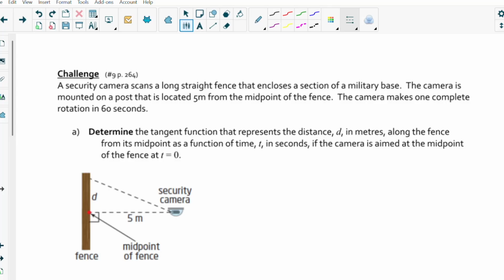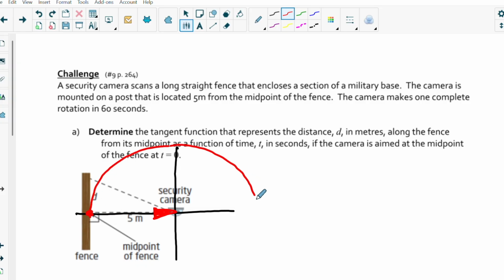All right, so let's just sketch this out. If I'm looking from overhead, there's my security camera, and it has a view as it sweeps out its angle. So it starts here, then goes around quarter cycle, half cycle, 3/4 cycle, full cycle.